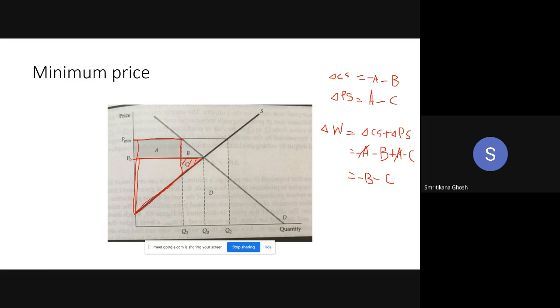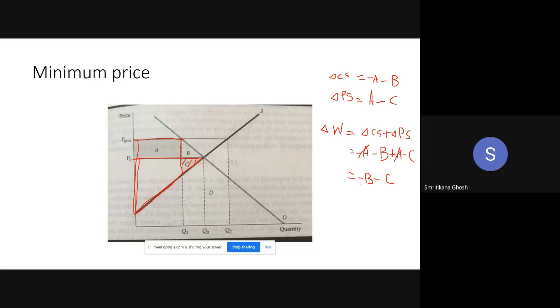Okay, that B is coming from the consumer's pocket, C is coming from the producer's pocket. So B is actually the loss of the consumer, because, look, what is happening with the consumer? Consumers are paying higher price than before. So they have to reduce their demand. Because of this reduction in demand, B is coming from the consumer.